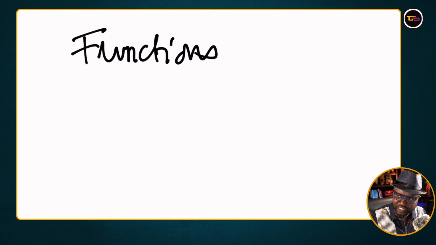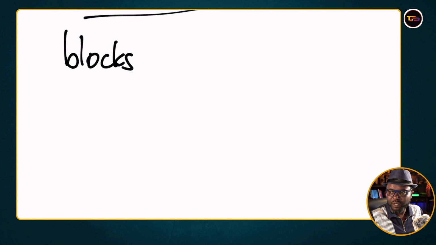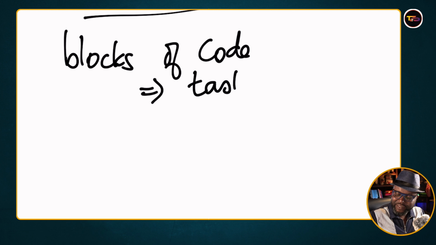These are specific blocks. I'll just create a new one here. When you talk about functions in Python, you're looking at blocks of code which are going to perform a task.